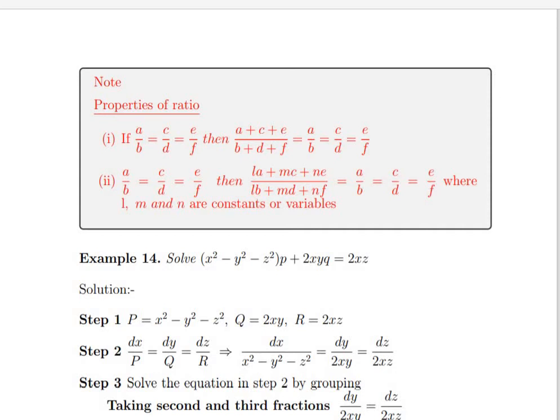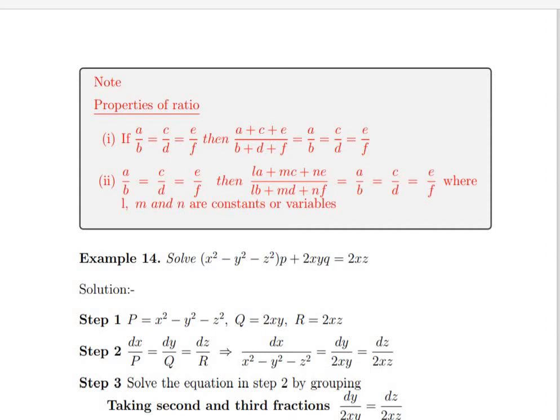Now, if you are observing the fractions, we can see that we won't get any solution by directly equating the first fractions. We will get a solution by directly equating the second and third fractions, but we will get only one solution from that. For getting the next one, we have to do some operations like the properties of ratios that we have discussed here.